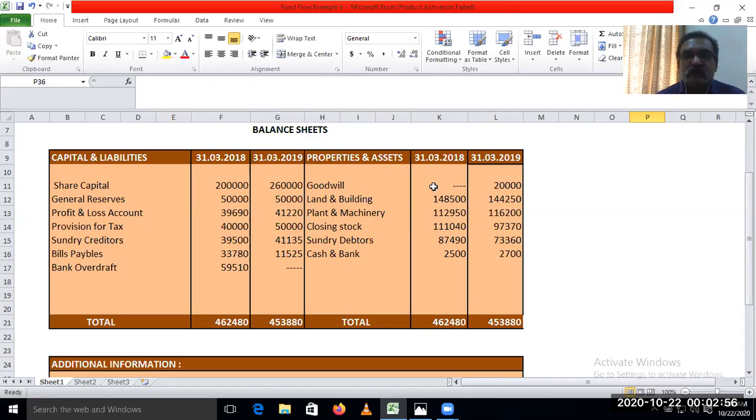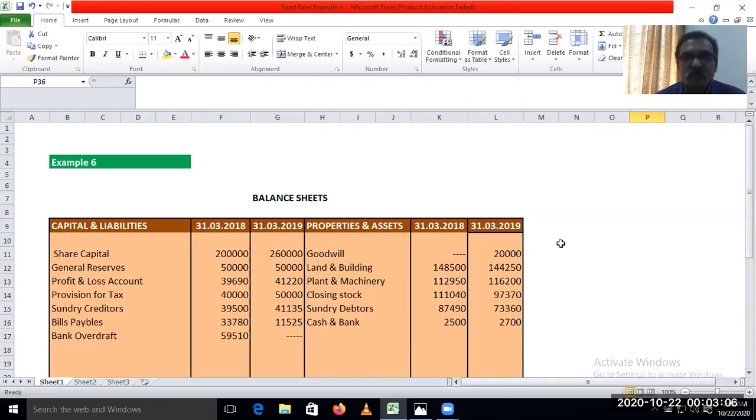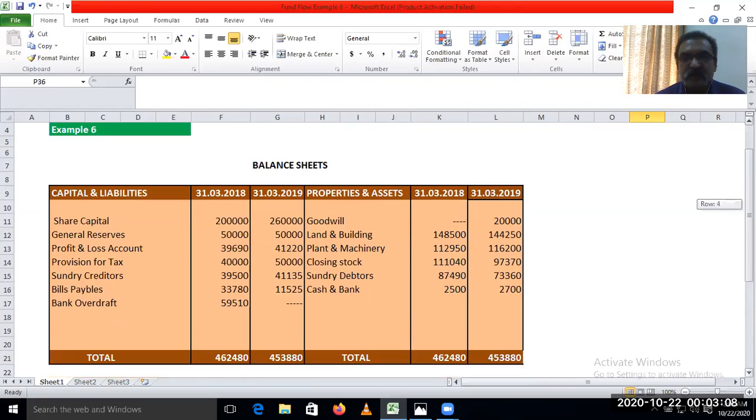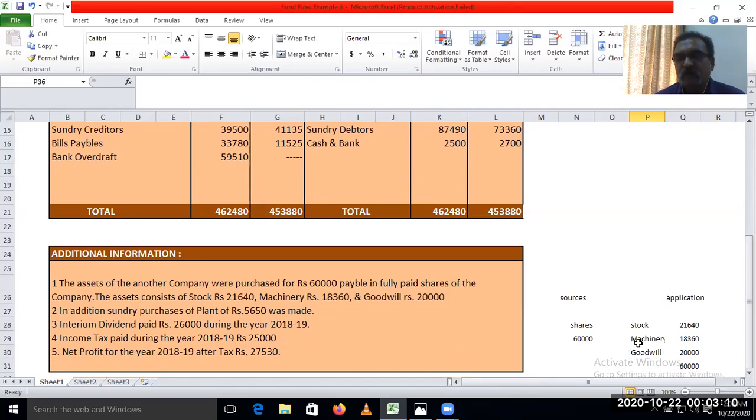Now goodwill first year balance is 0. Second year it is 20,000. Means goodwill has increased by rupees 20,000. This is a purchase of goodwill because for this goodwill a consideration is paid by way of equity shares. You can check out here. Shares are issued of 60,000. That is for purchasing goodwill also.